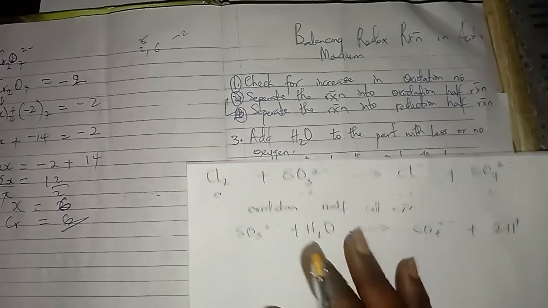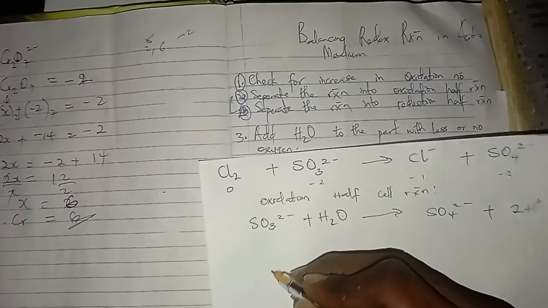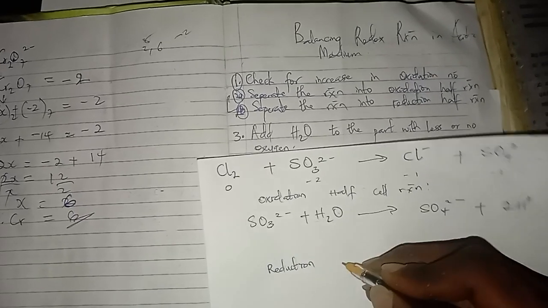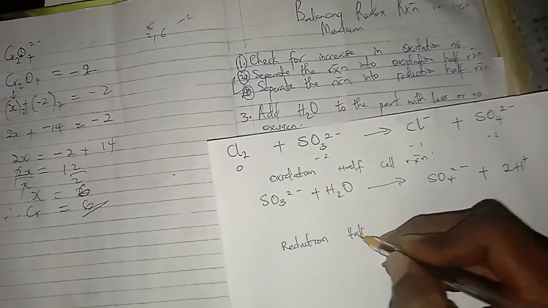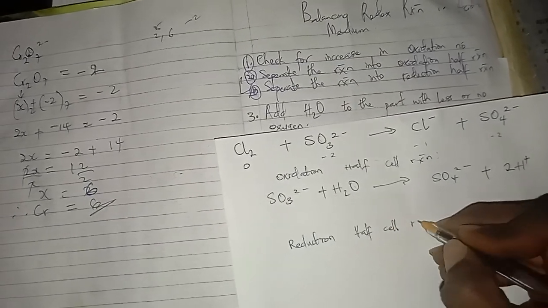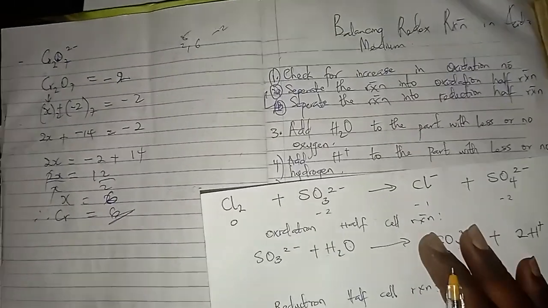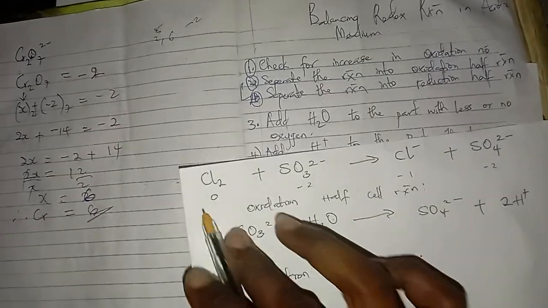So if I do that, let's now go to the reduction half cell reaction. For the reduction half reaction, you can see that it is chlorine.